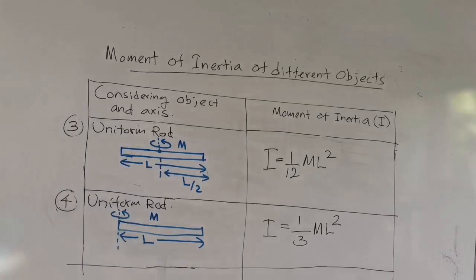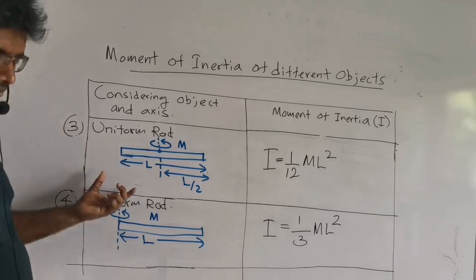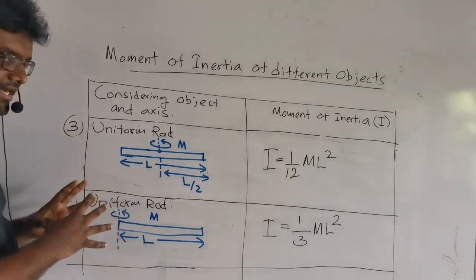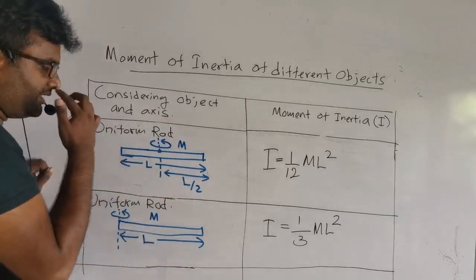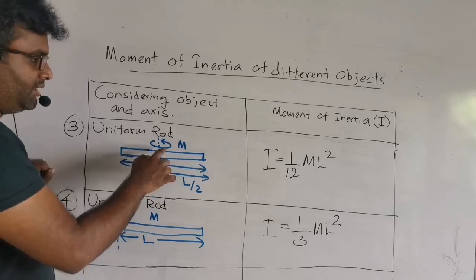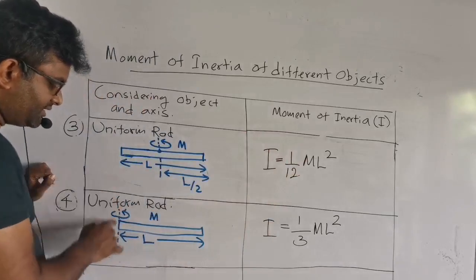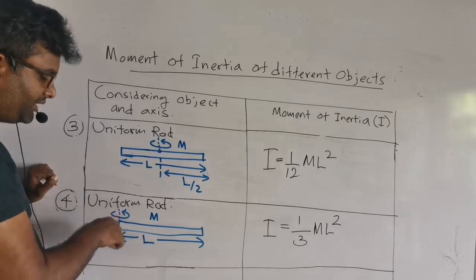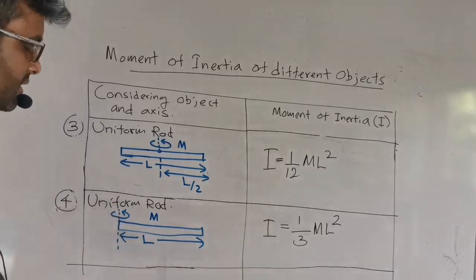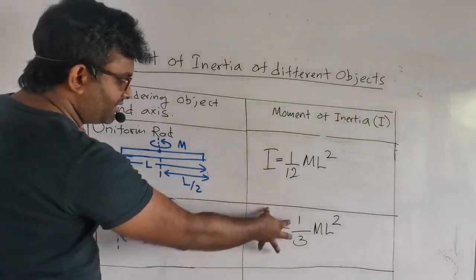Right, then we consider a uniform rod of length L. Now we change the axis, right? When we consider an axis through the center of the rod, this is the value of I, right? And this is when we consider an axis through a point at the corner, right? So you can see that the I value is greater for this situation.